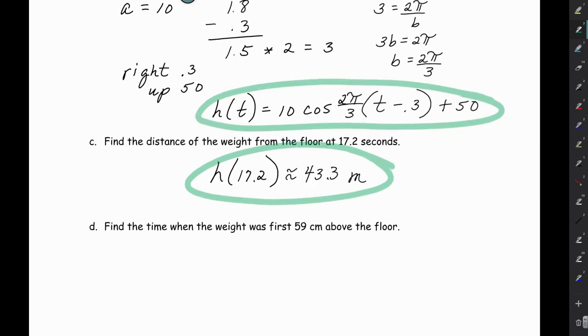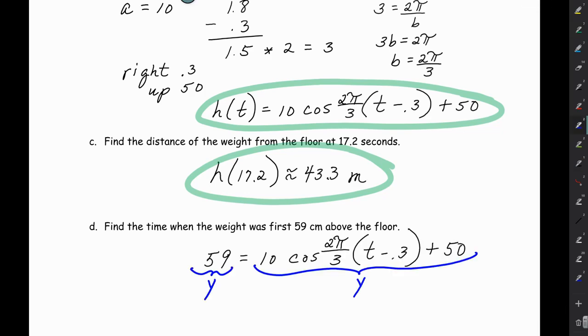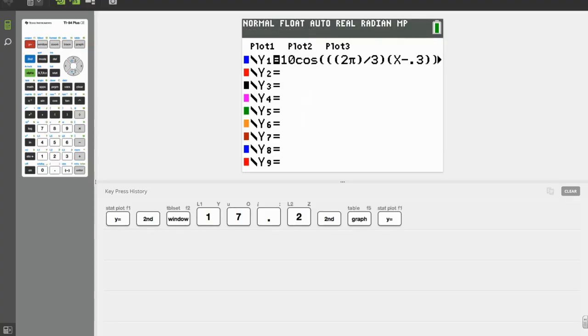And then last part, find the time when the weight was first 59 centimeters above the floor. So the entire equation is going to be set to 59. The easiest way to solve this would be to put the first part in y1 and the second part in y2 and look for the intersection. So go back to y equals.